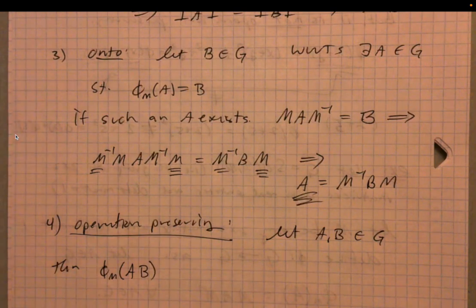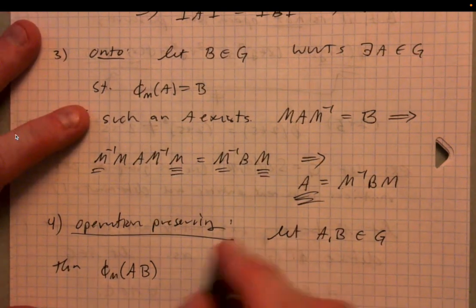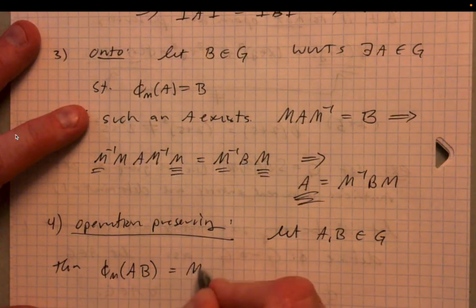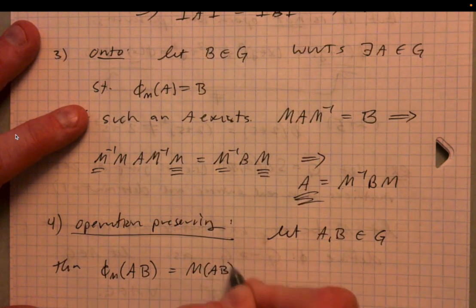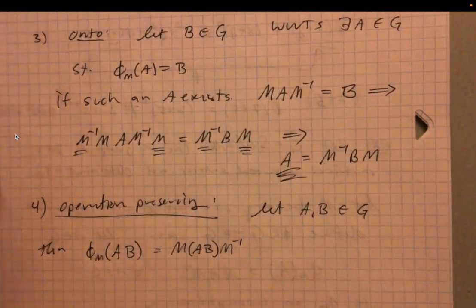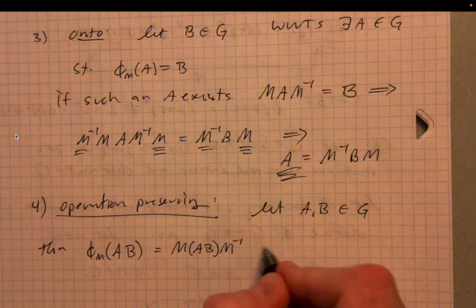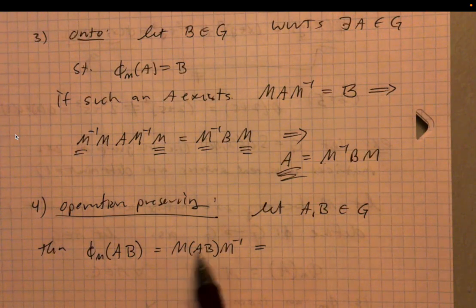I didn't say this earlier, but obviously the operation here is matrix multiplication. So phi of AB would be M A B M inverse. Now we can get a little tricky with this.